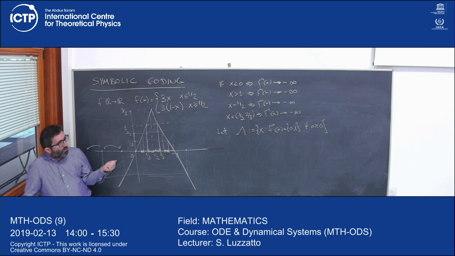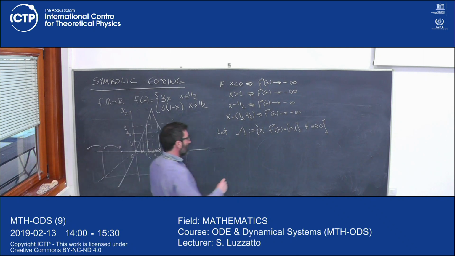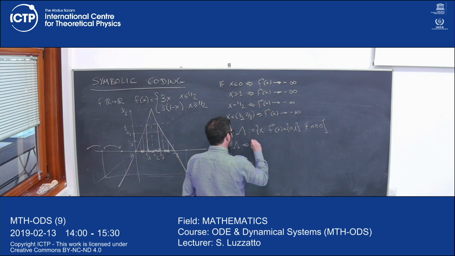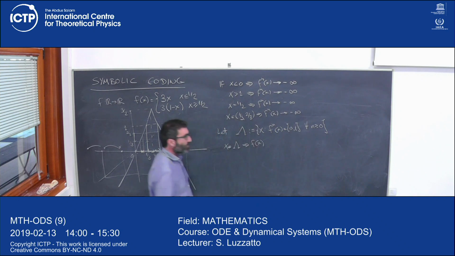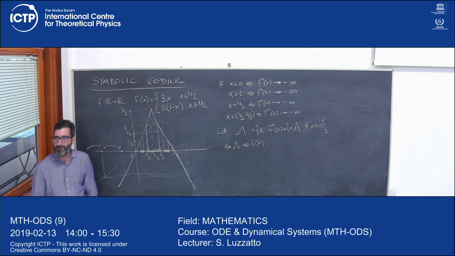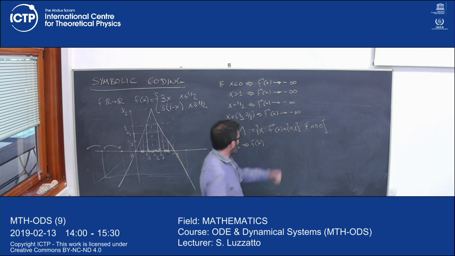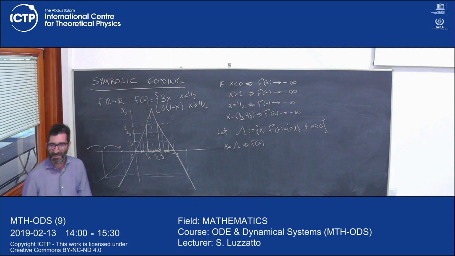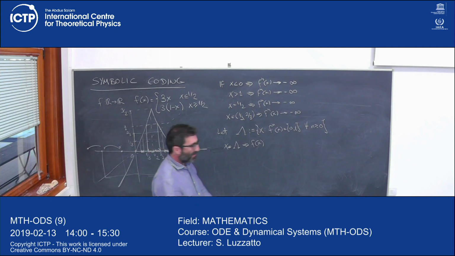Okay? What we do know is that if x is in Lambda, what does that imply about f(x)? It must also be in Lambda, clearly, right? Because if the orbit of x stays inside [0,1], then clearly the orbit of f(x) also stays inside [0,1], because it's just a point on the same orbit, right?